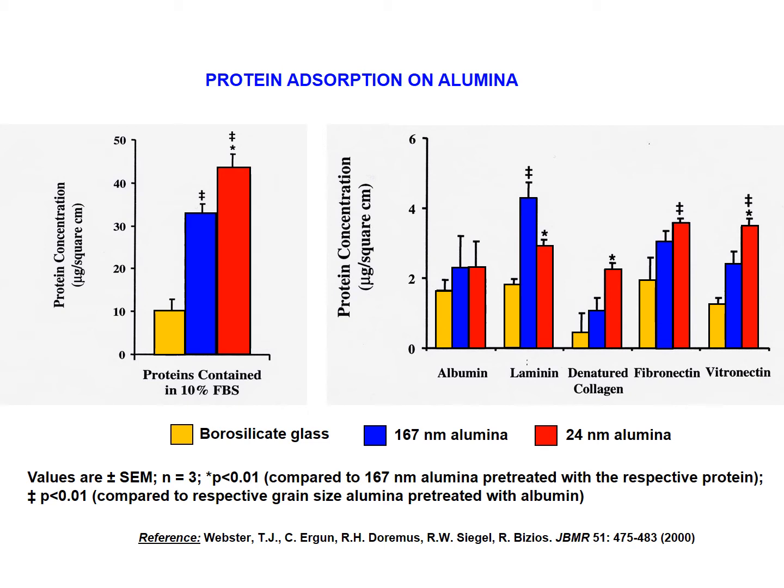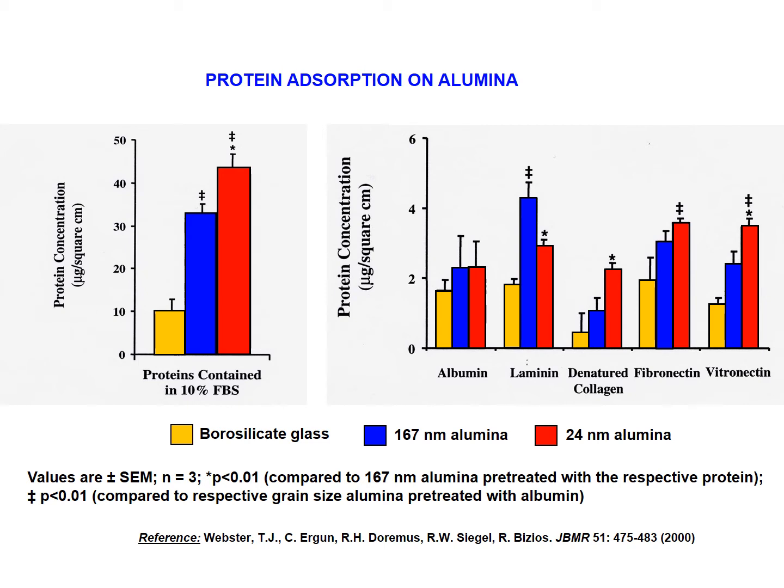In the case of laminin, which is a protein found in the vascular tissue and a protein which mediates the adhesive interaction of endothelial cells, the ones that line the innermost layer of our cardiovascular system, notice that laminin adsorbs preferentially on conventional but much lower on nanostructured alumina.